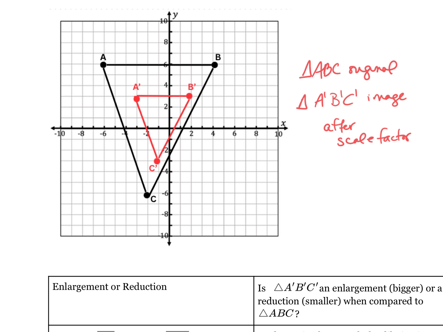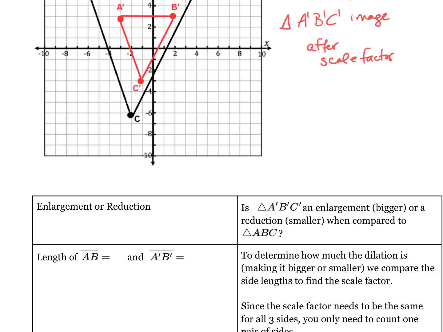So you can see here triangle ABC is larger than my image. So that means what I have is a reduction.